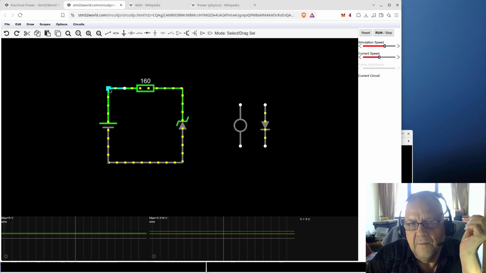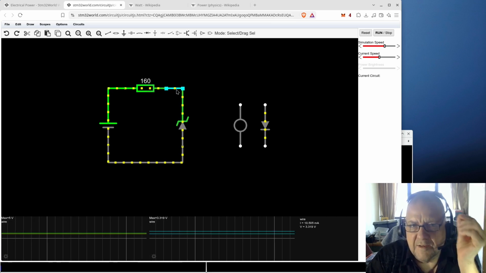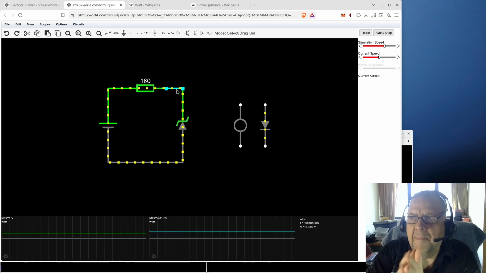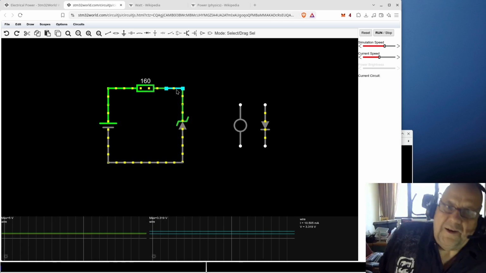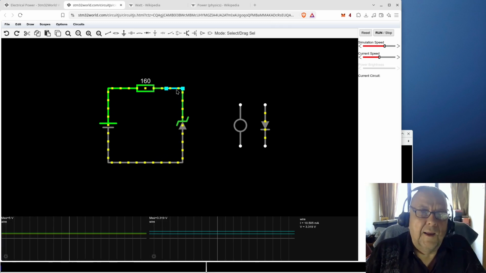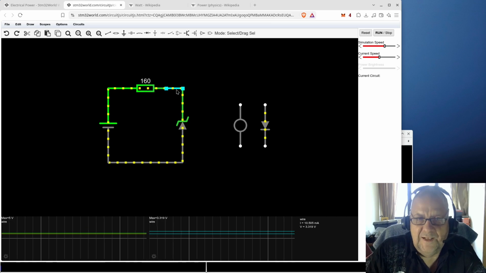Now, this resistor creates a voltage drop because a current flowed through it. And that means a certain amount of energy is dissipated in that resistor. And in the case of a resistor, it is being turned into heat.